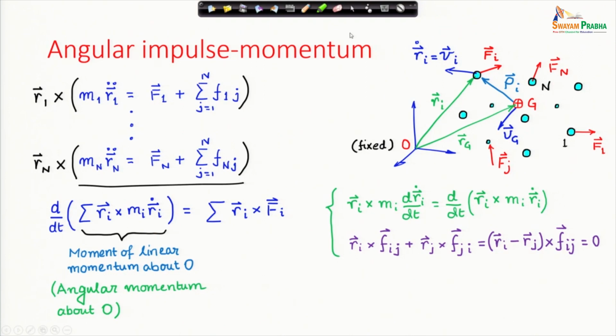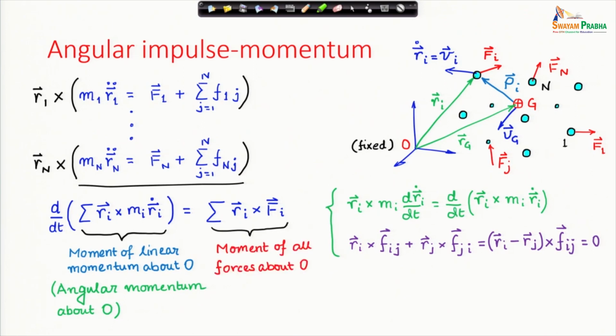Therefore, this bracketed expression is the moment of linear momentum of all particles about O, because there is a sum over. Moment of linear momentum of all particles about O is also known as the angular momentum of the system of particles about O.